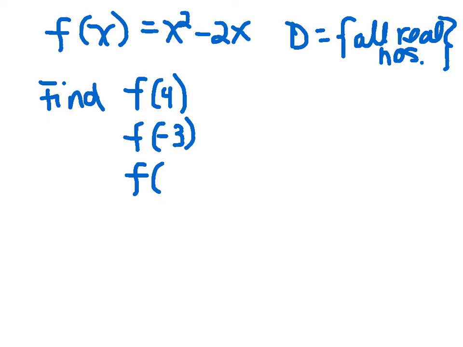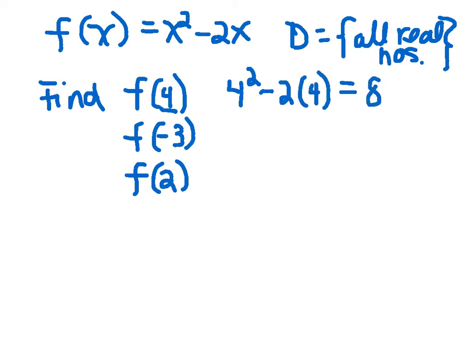We're looking for these specific values. And again, all this means is plug 4 into our function rule. So 4 squared minus 2 times 4. 16 minus 8 is 8. Then -3 squared minus 2 times -3. -3 squared is positive 9, and these two equal positive 6, so 9 plus 6 is 15.